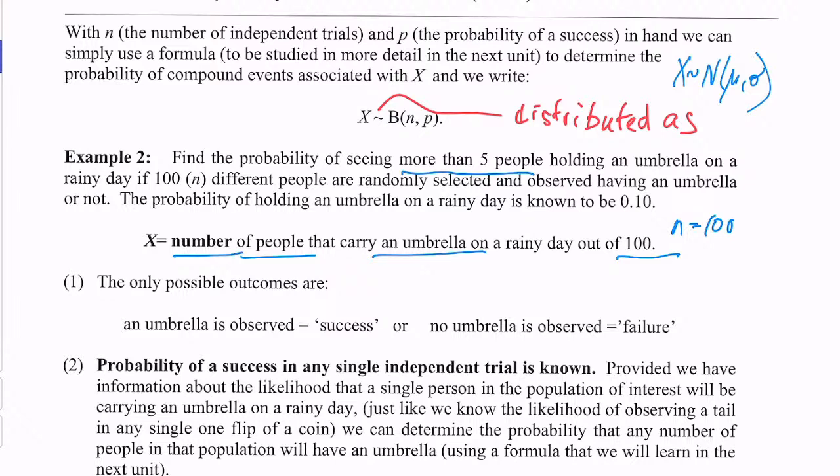Those are the independent trials. And p is the chance of a person holding an umbrella. Now, I might not know it, but if I don't know it, then this is not a binomial problem. If I know it, I can set it up as a binomial problem, where the success is observing an umbrella, and failure would be not observing an umbrella. So that's the first criteria.